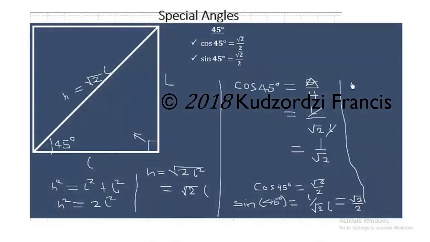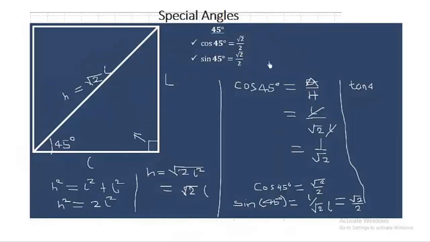Now to find tan 45, we can either use the sine and the cosine to find tan 45. Because tan is equal to sine over cos, which will be root 2 over 2 divided by root 2 over 2, which will give us 1.